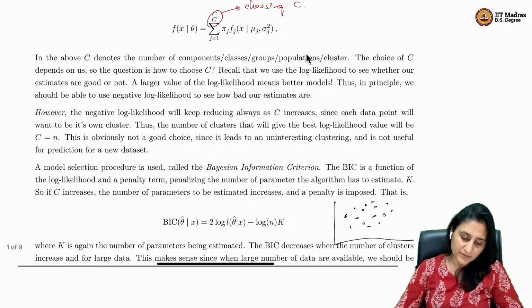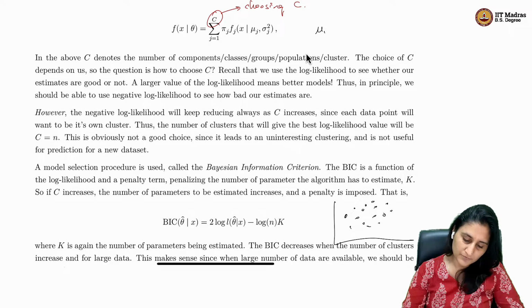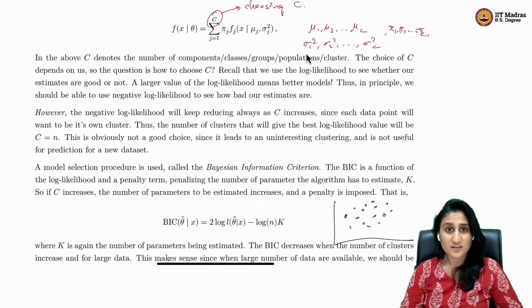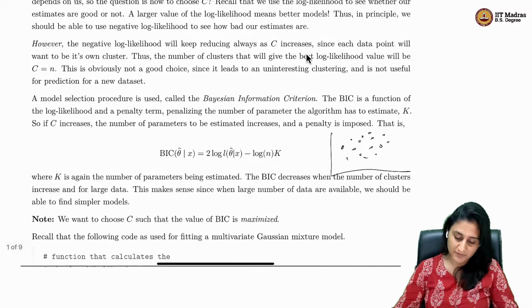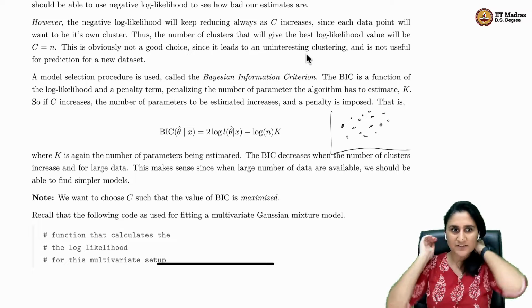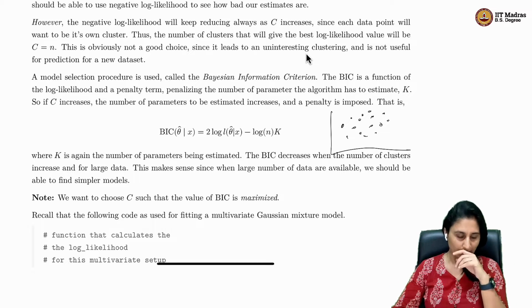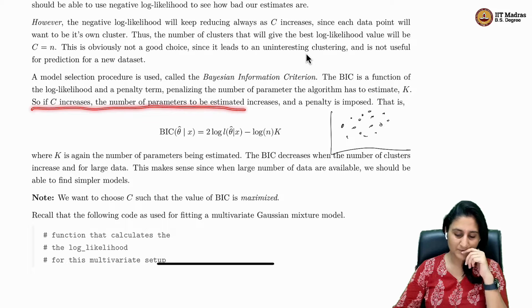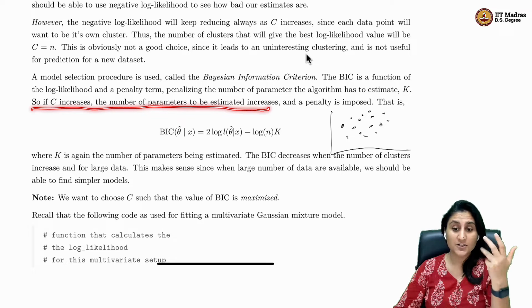For example, here I'm estimating all the mu1, mu2 up to mu C, if it's univariate, and then sigma 1 squared, sigma 2 squared up to sigma C squared, and also pi 1, pi 2 up to pi C minus 1. So that's going to be a lot of parameters. And as you increase C, that number of parameters will keep on increasing. So if C increases, the number of parameters to be estimated increases, and a larger penalty is imposed.